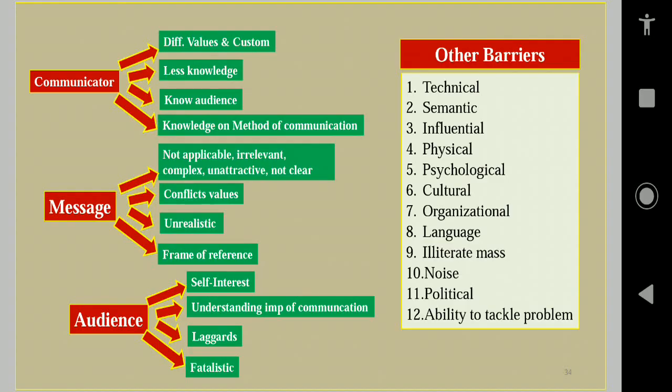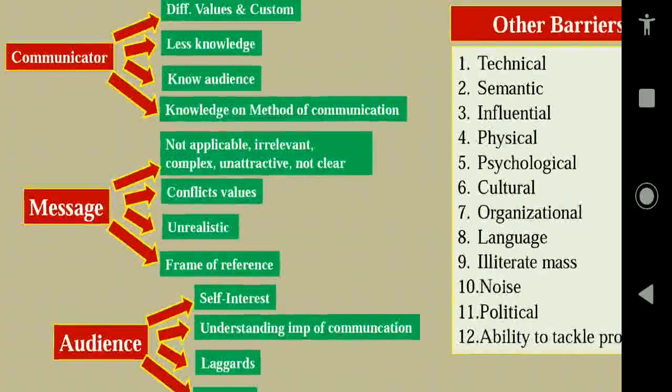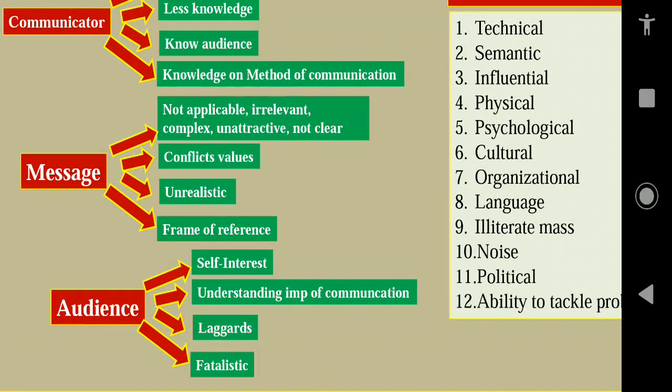Okay, then what are the barriers related to the audience or receiver? Here you can see barriers related to self-interest. If the audience does not have self-interest, then also it is a barrier. If he does not understand the importance of communication, then the transfer of communication will be hindered.